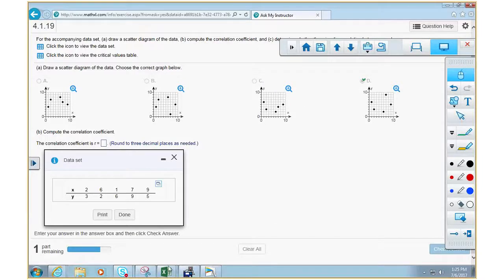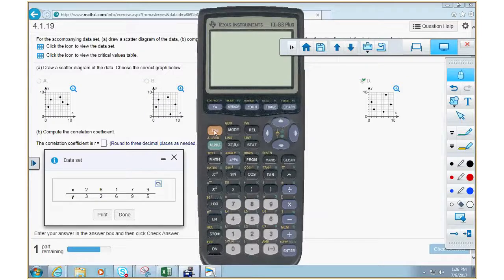All right, here we go. So we take our handy dandy calculator and we go to Stat, Edit, and type in 2, 6, 1, 7, 9. And over here we type in 3, 2, 6, 9, 5.